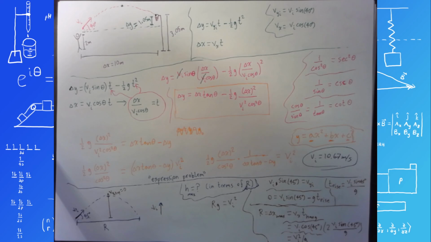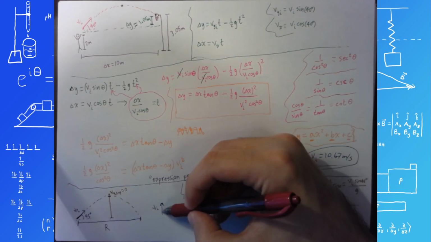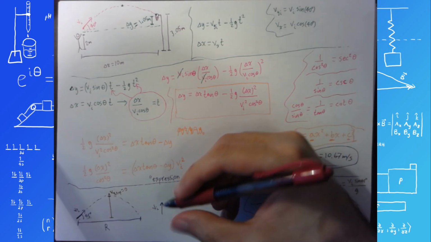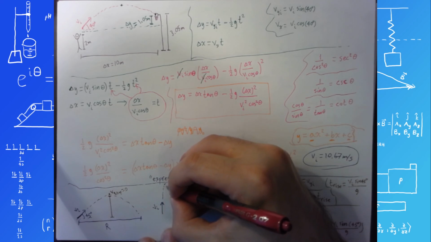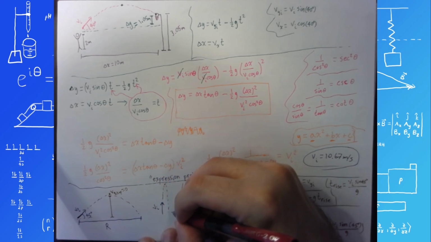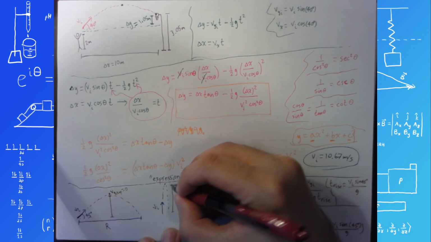Okay, so now I can take this information to the vertical situation. If I throw something up with initial velocity V initial, what's the maximum height that it reaches?